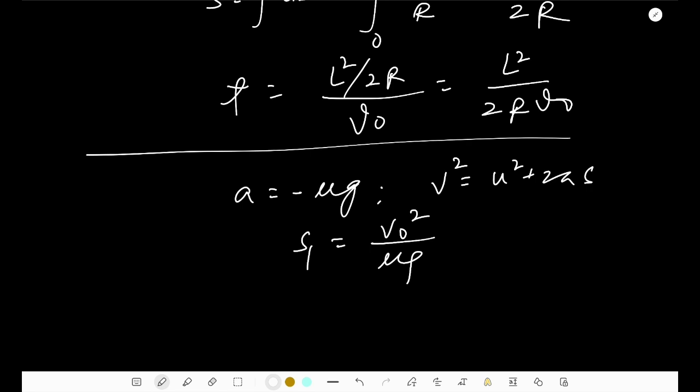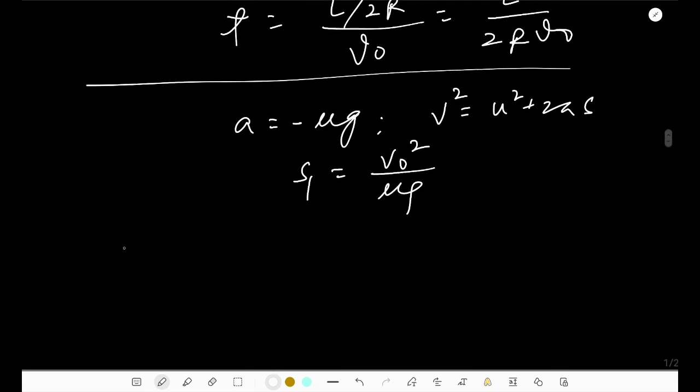So here are two possibilities. In the first case, if s is greater than or equal to s1, that means the puck either does not reach the cylinder or just touches it. S, the total length in the absence of friction, is greater than s1 this time.